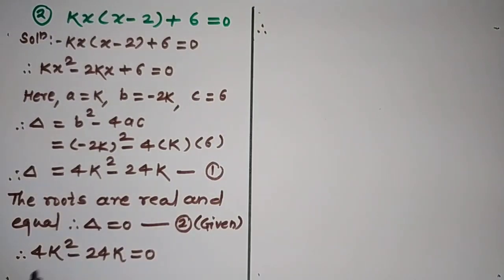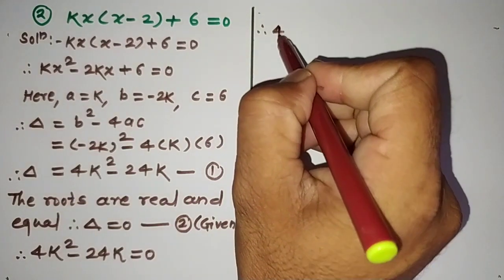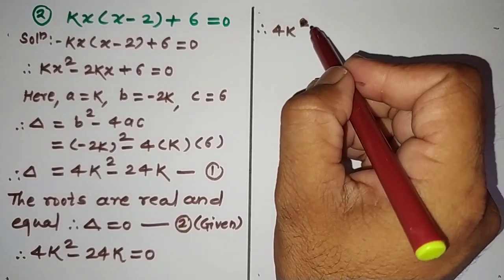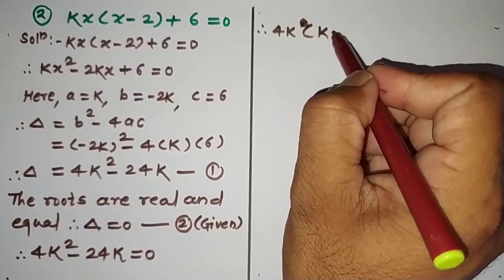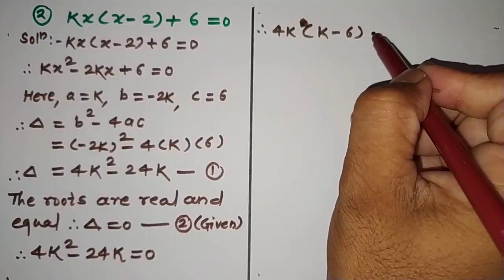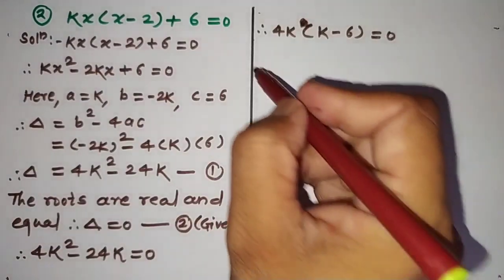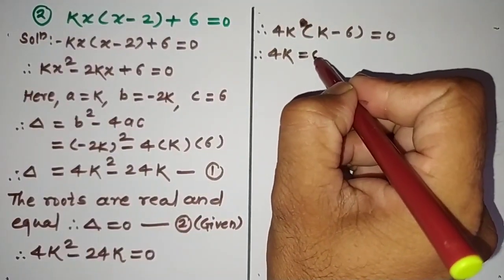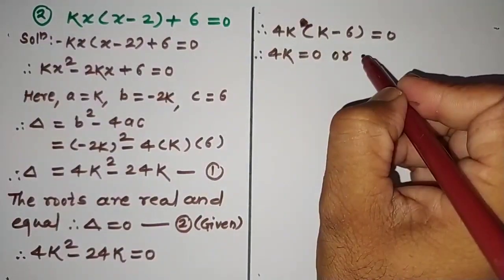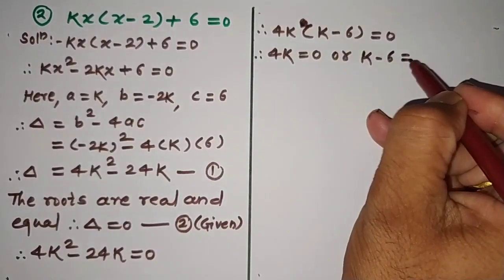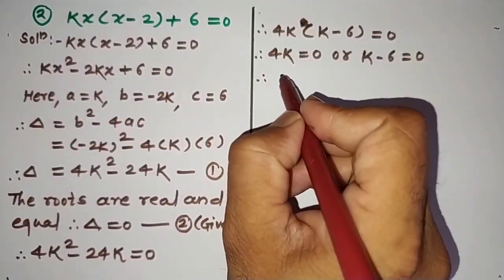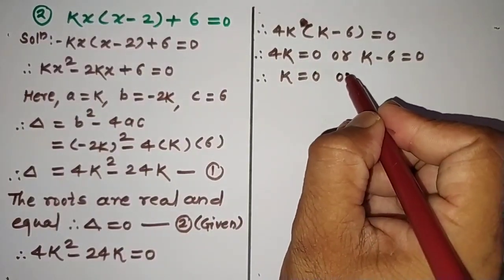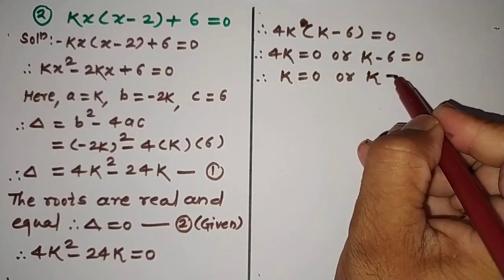Find the common factor. 4k is a common factor. 4k in common, in bracket k minus 6 is equal to 0. Therefore 4k is equal to 0 or k minus 6 is equal to 0. The value of k is equal to 0 upon 4 is 0 or k is equal to minus 6.